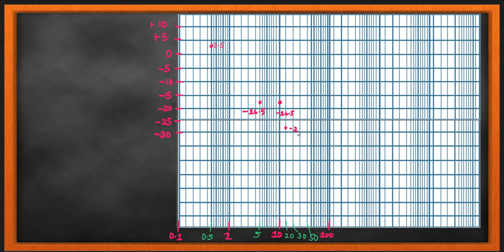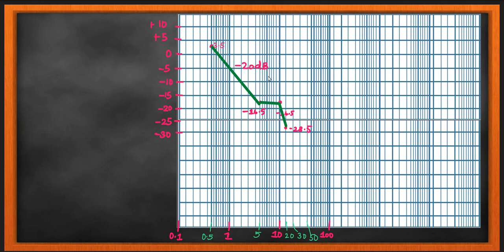The corner frequencies were 0.5, 5, and 20, I think, right? So I'm taking these: 3.5, minus 16.5, minus 16.5 and minus 28.5. And then I am just connecting these lines. Just as simple as that.